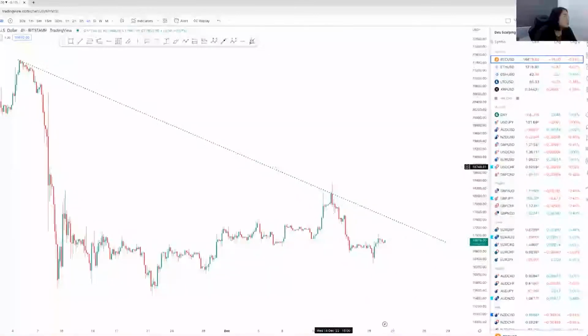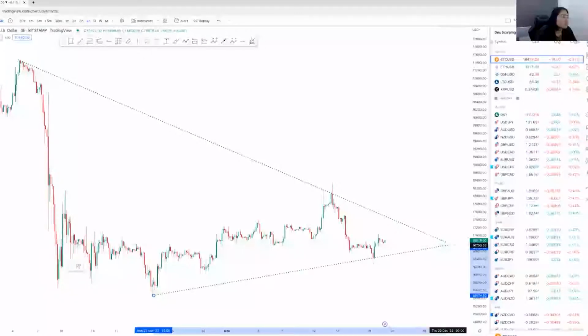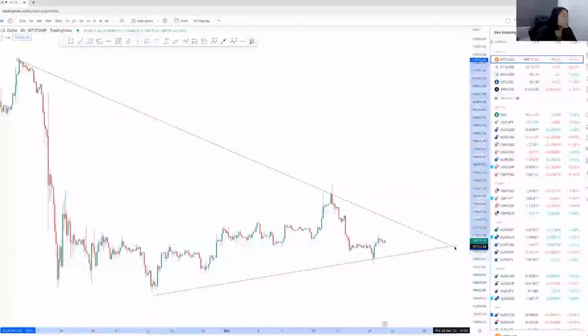You see the triangle. Price is kind of moving within a triangle. This is not the best.